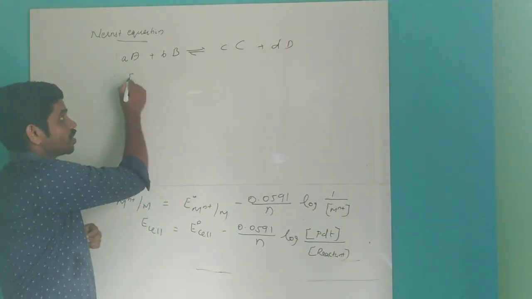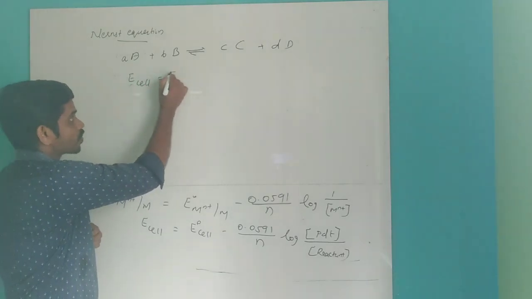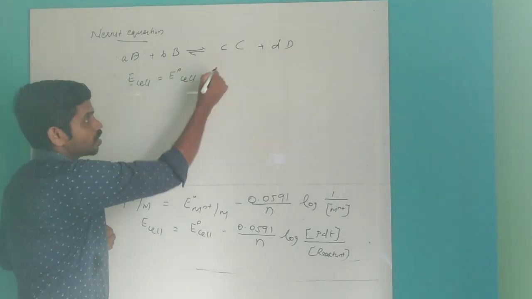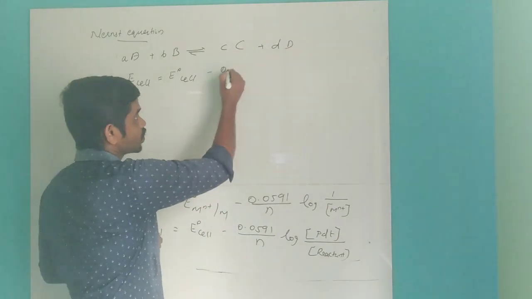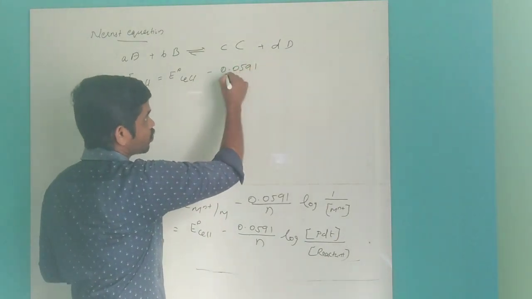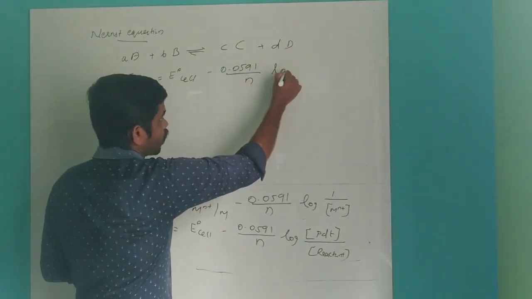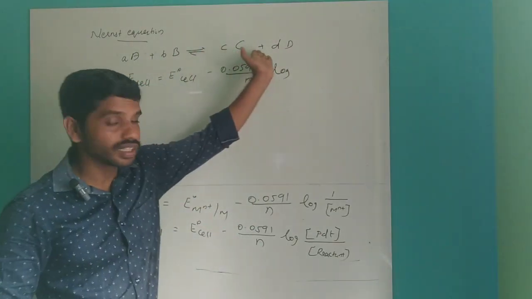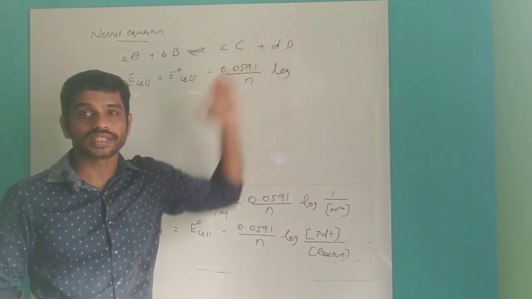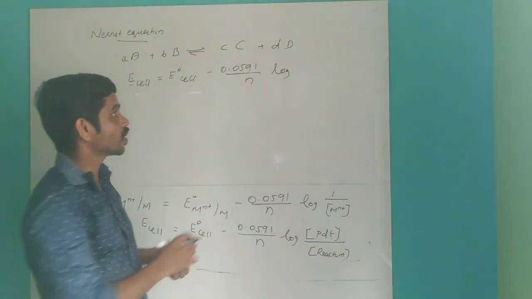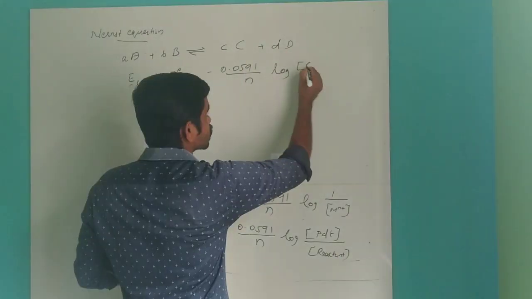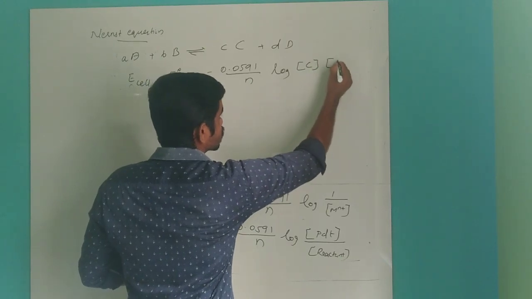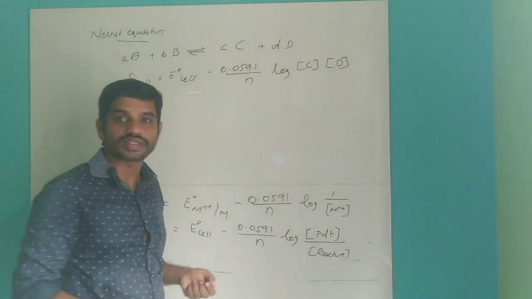You can write E cell is equal to E0 cell minus 0.0591 by n log of the products, the right side, forward reaction this side: concentration of C into concentration of D. Is it correct?